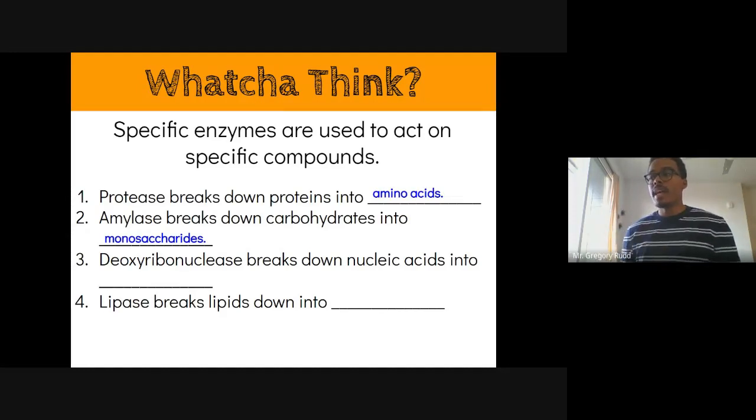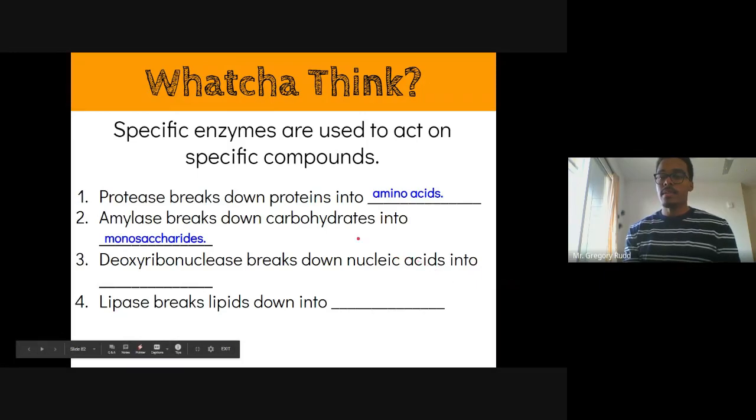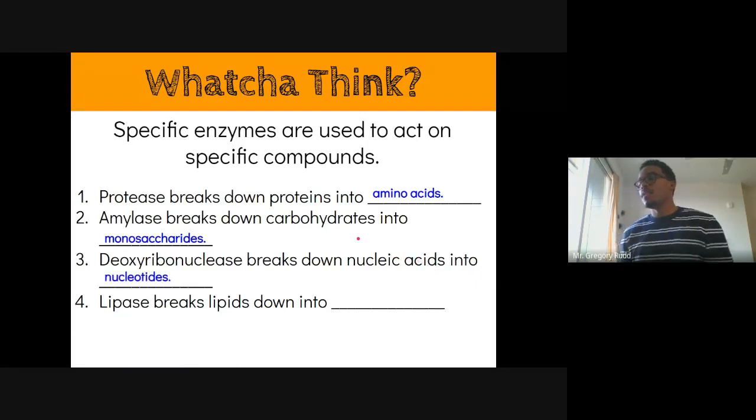Okay, number 3, deoxyribonuclease breaks down nucleic acids into what? Which should be the answer to number 3? Nucleotides, good. Excellent, excellent. Got a lot of people chipping in there. Nucleotides is correct.